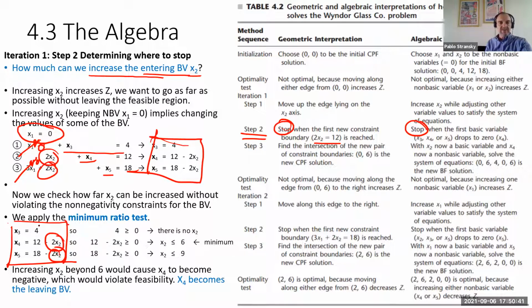So I'm going to take this part and make each of them greater or equal to 0. So 4 is greater or equal to 0. 12 minus 2x2 is going to be greater or equal to 0. And 18 minus 2x2 is also greater or equal to 0.